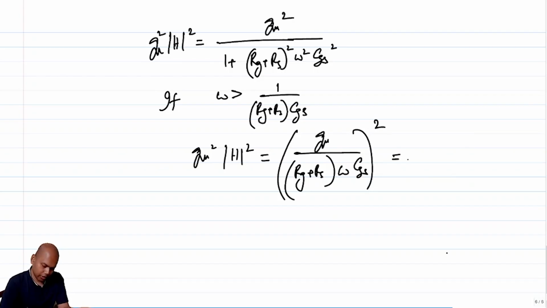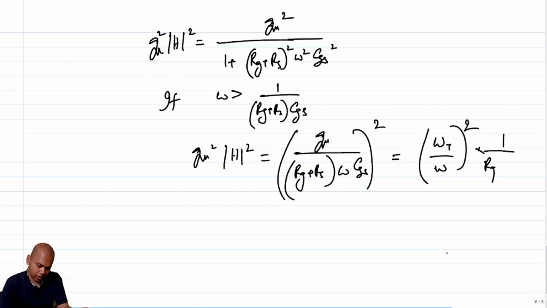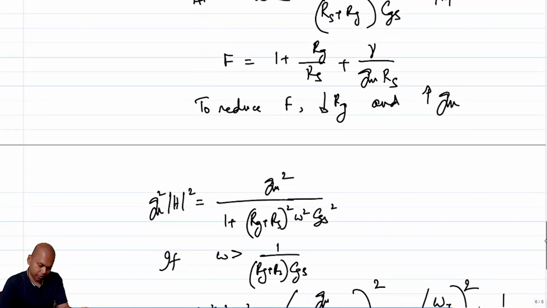So this is essentially equal to, Gm by Cgs is omega t, so this becomes omega t by omega whole squared times 1 by Rg plus Rs whole squared.